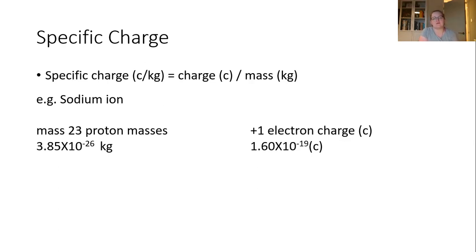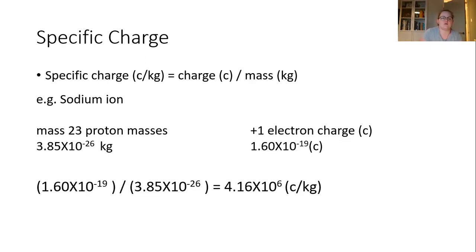To work out its specific charge, we take its charge and divide it by its mass. We end up with 4.16 times 10 to the power 6 coulombs per kilogram. You can get asked to work out the specific charge of ions or atoms or even isotopes occasionally.